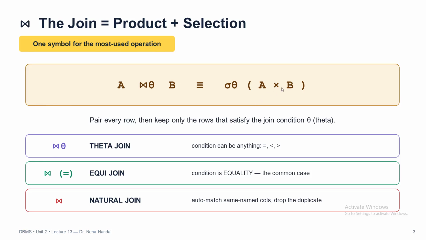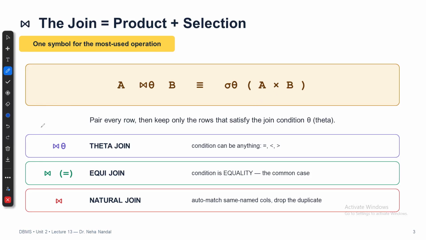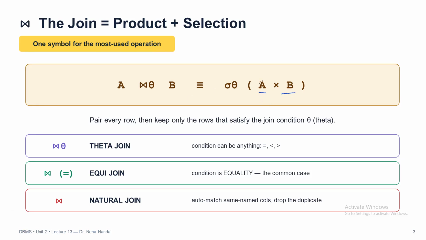The product of two tables gives you the Cartesian product, and on that we apply the condition using select. The symbol for join is this one. First, make a note of it. Now let us understand further.